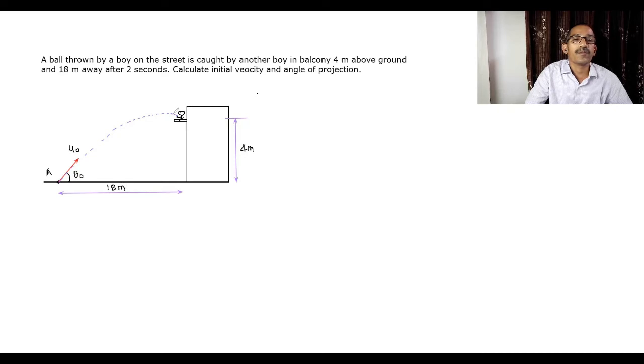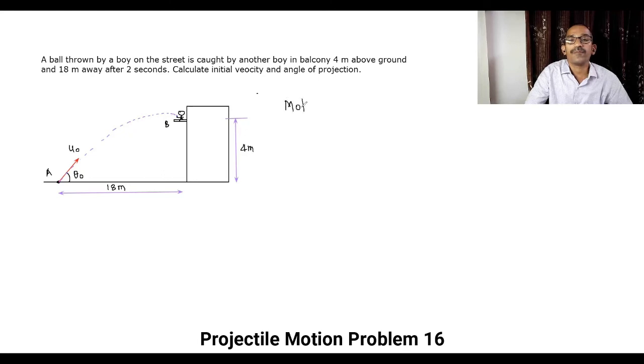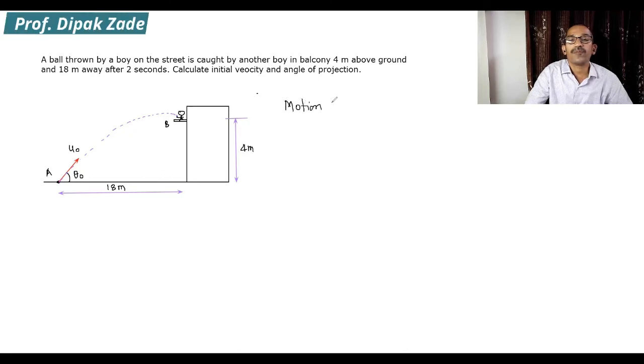We'll give the name B to this point. That means the motion of this ball is from point A on the ground up to point B.